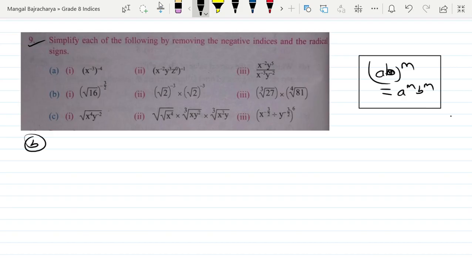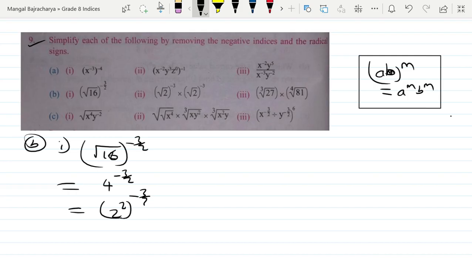In B number first there is square root of 16 whole power minus 3 divided by 2. So square root of 16 you can remove it, or you write 4, so it's your wish. I'll go with the easy way. Square root of 16 is 4 and power is minus 3 by 2, and now 4 you turn to 2 square, whole power minus 3 by 2.